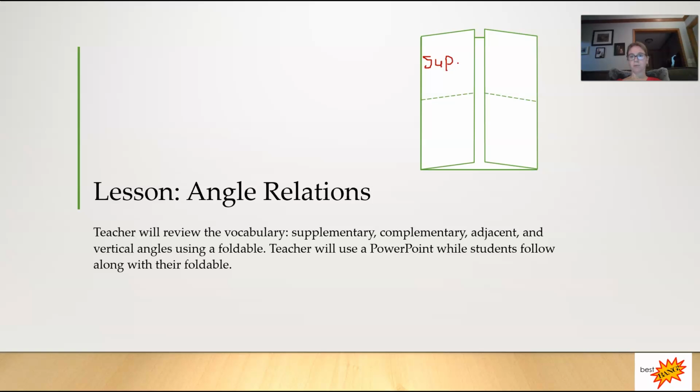I'm just going to write enough to help you remember, and then you can fill it out as we go. So you can write supplementary angles here, complementary here. I would suggest you write out the whole word. I'm sorry, I just do not have space to do so. Adjacent angles.